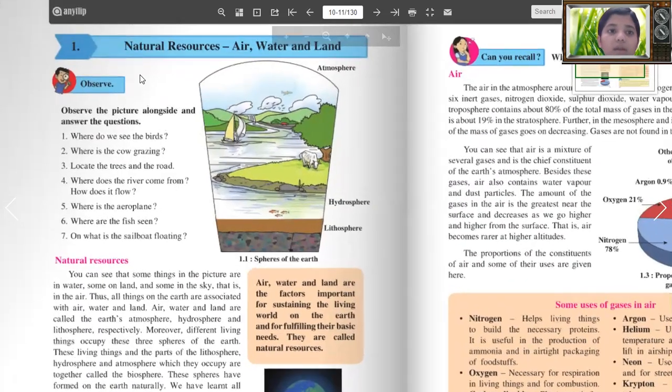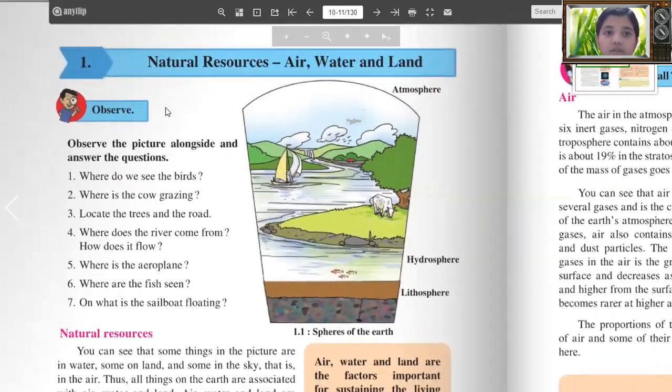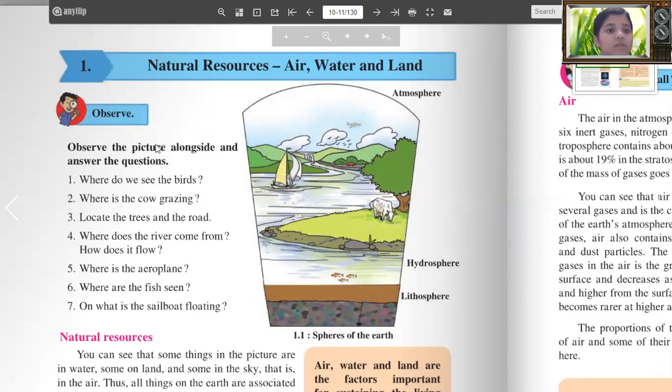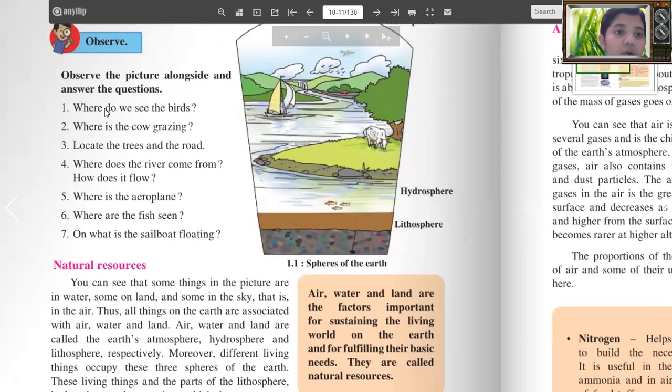The name of the chapter is natural resources, air, water and land. Observe the picture alongside and answer the questions. Where do we see the birds? Where is the cow grazing? Locate the trees and the road.